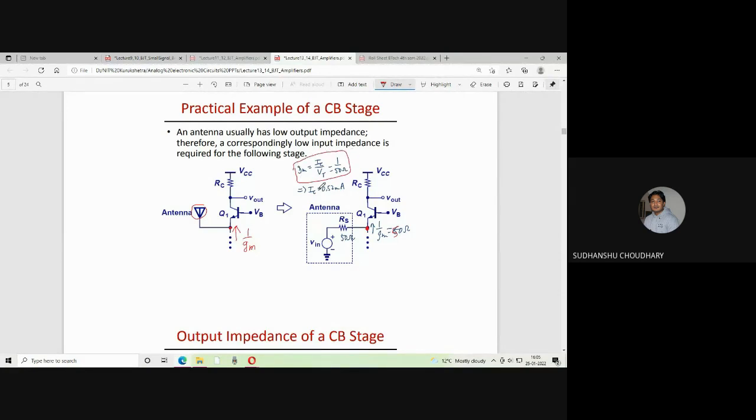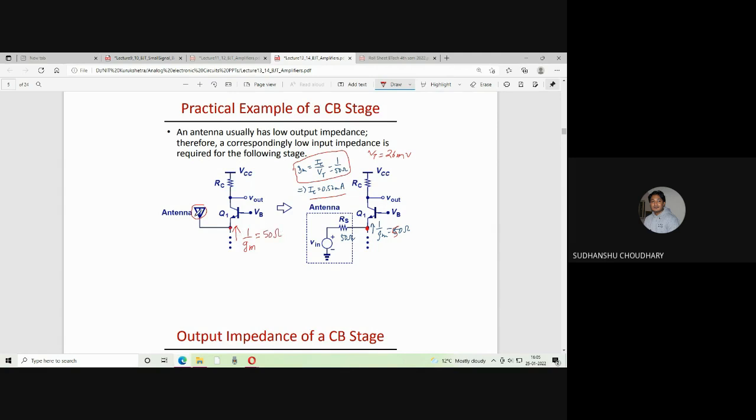If I assume IC as 0.52 milliamperes, and VT is 26 millivolts, then IC by VT is 1 by 50 ohms. That is, this 1 by Gm is 50 ohms.